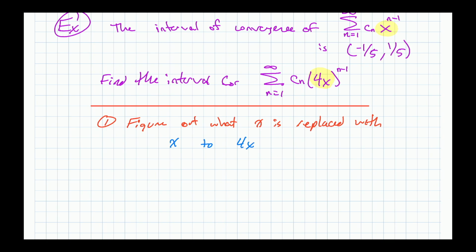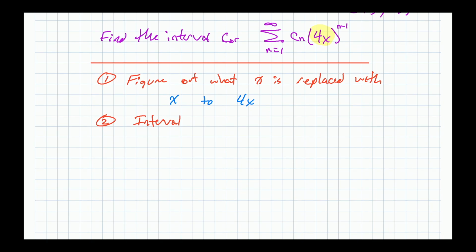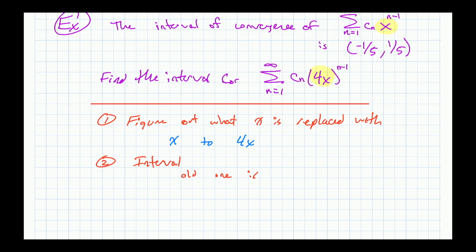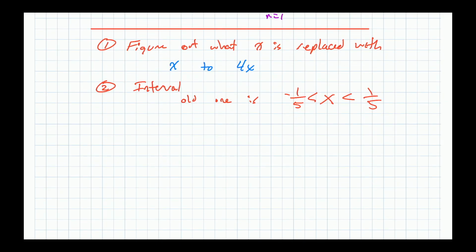All right. So then you do your interval. The old interval is x is going to be between -1/5 and +1/5, right? That's just from right here, the interval as it's given. But we're replacing the x with 4x. So we do that.